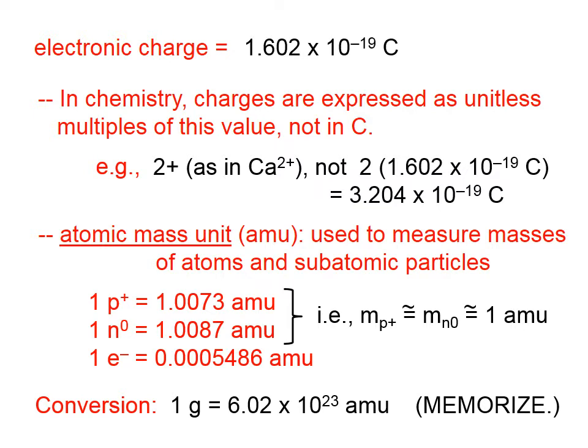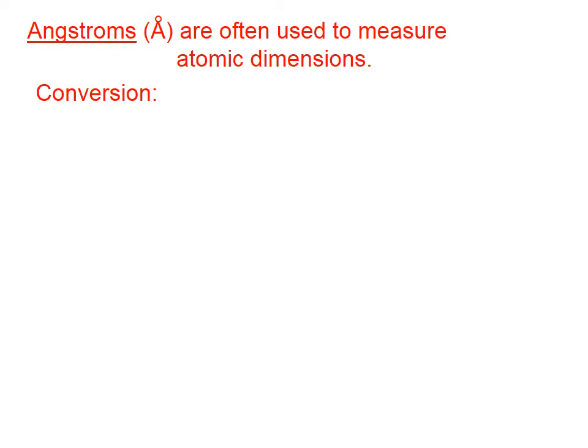Many of you will recognize that large number, 6.02 times 10 to the 23rd, as Avogadro's number, but you can see that an AMU is a very tiny unit of mass because it takes a whole bunch of them to give you 1 gram.